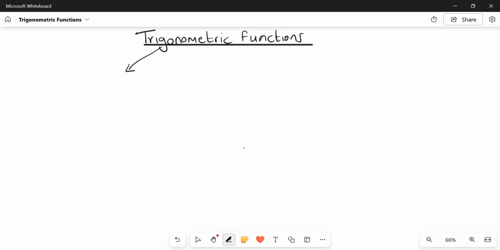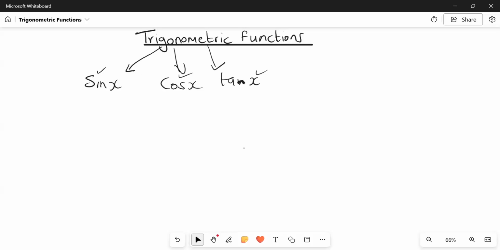Obviously, this comes to your mind: sine x, cos x, as well as tan x. I believe that, guys, at this stage, especially the grade 10s, you are familiar with these three things. Sine, cos, and tan, right?